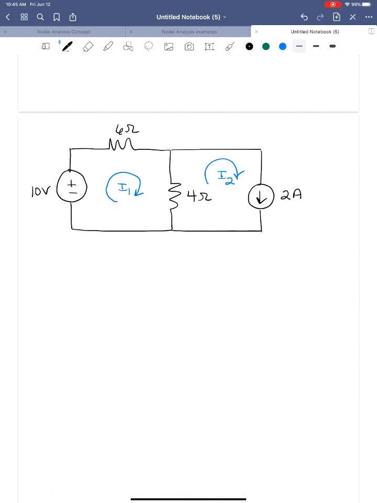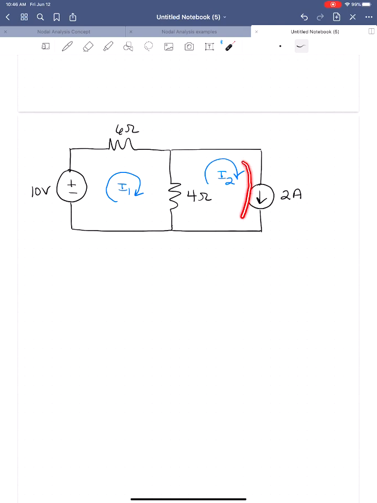Whenever you have a current source in the circuit, you know something about the mesh currents. You might know a mesh current, or you might have a relationship between mesh currents based on that current source. So I2 is the current that flows through this mesh. The 4 ohm resistor sees both I2 and I1, but the 2 amp source is on the outside of a mesh and it only sees mesh current I2.